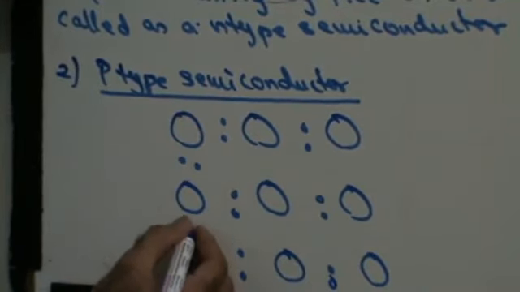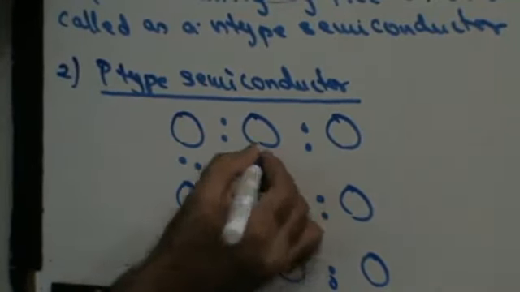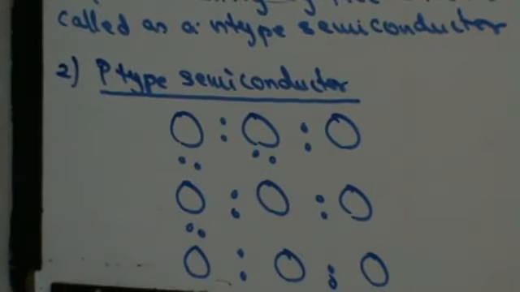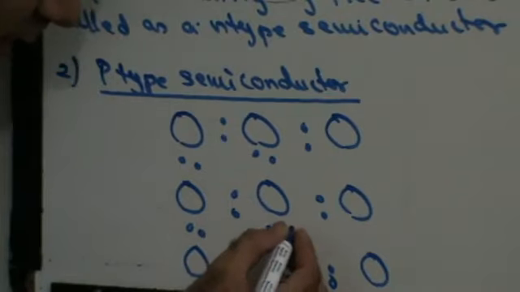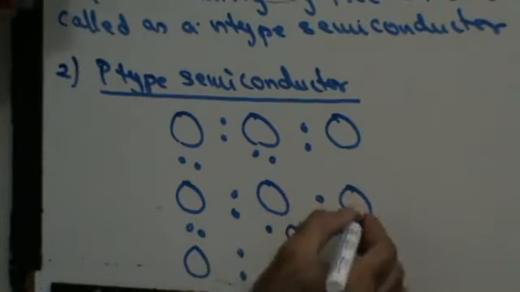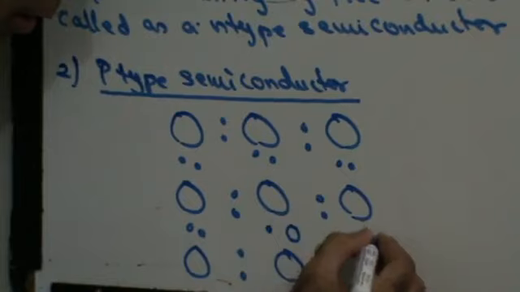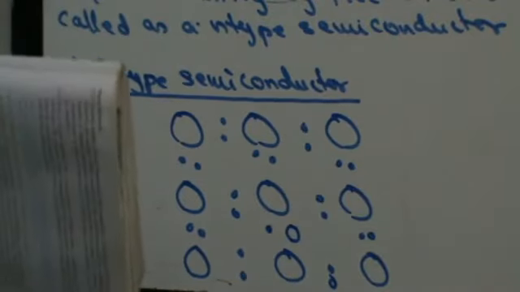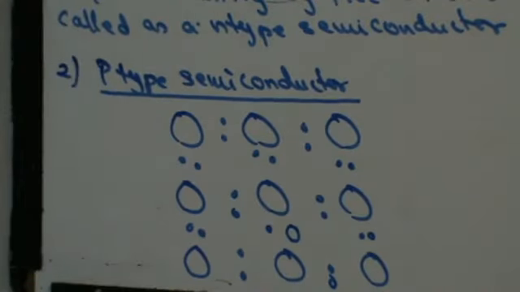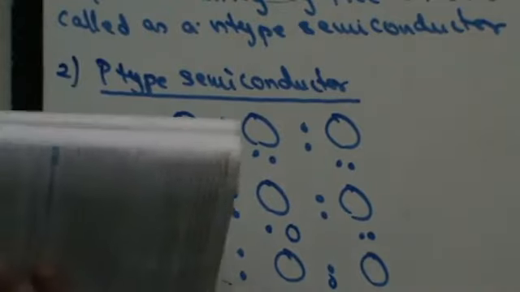Since a trivalent impurity is added, 3 valency electrons of the trivalent impurity would satisfy 3 covalent bonds, and there would be an empty space, which is referred to as a hole, where there should have been an electron, and this empty space is going to be my carrier of current, right?